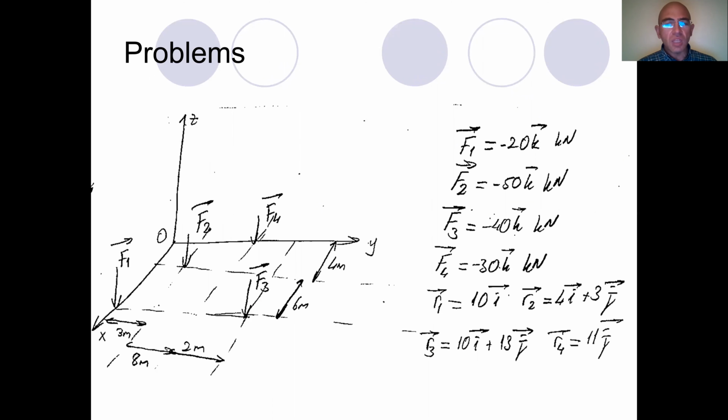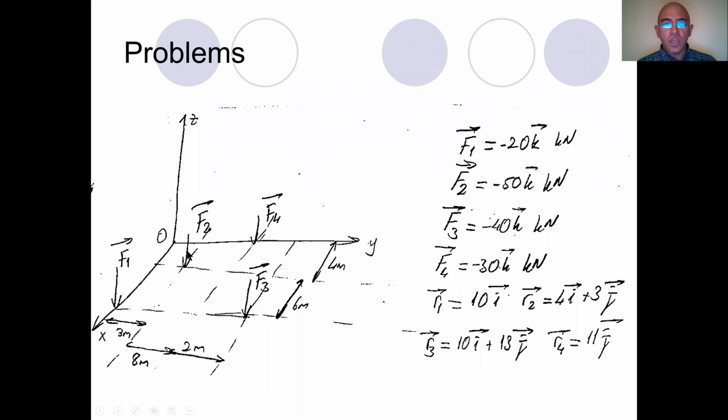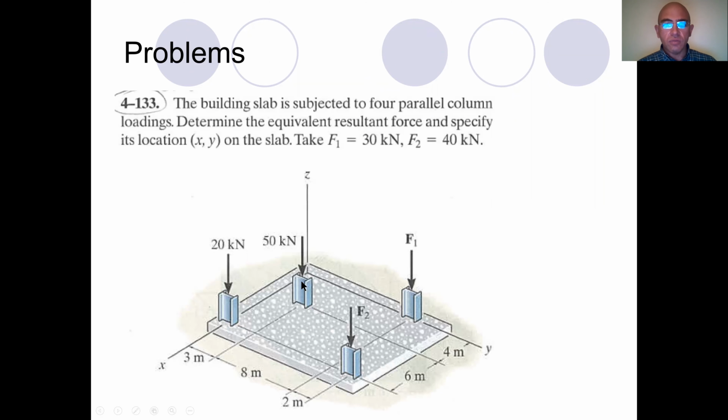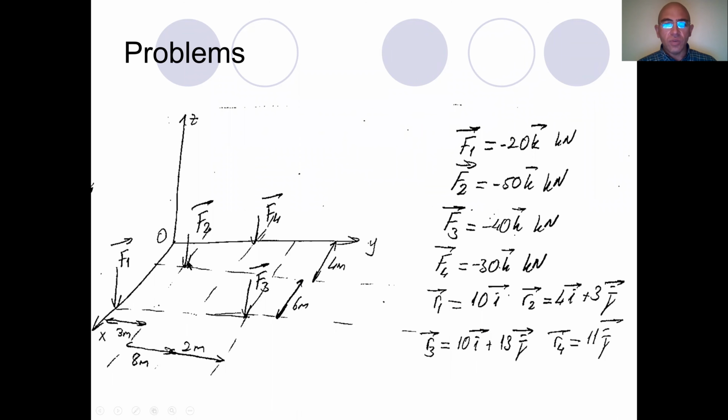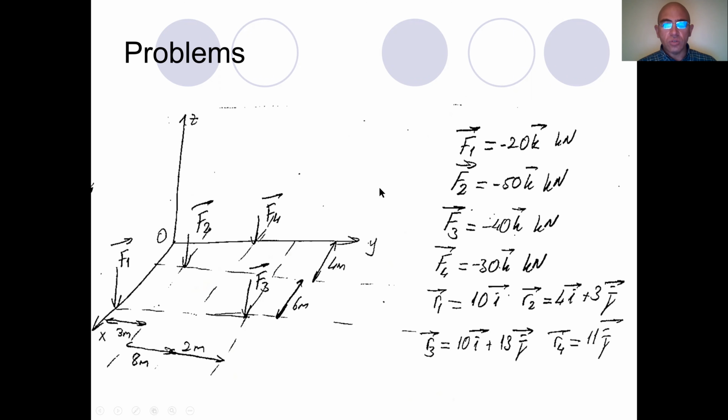Okay. So the first thing that we have to do is to write all the forces and position vectors in Cartesian form. But I will give different numbers than the problem. So I have F1 lying on the x-axis, so this is 20 kilonewtons. F2 is 50 kilonewtons. F3 is 40 kilonewtons.